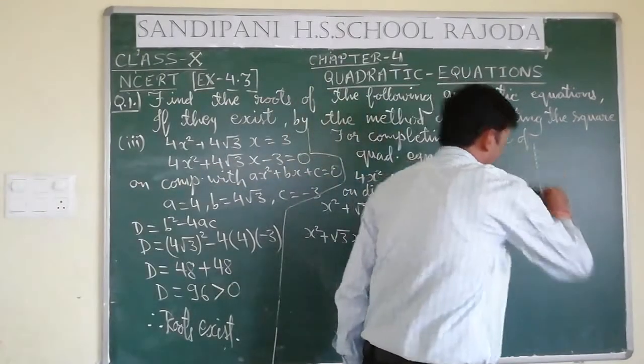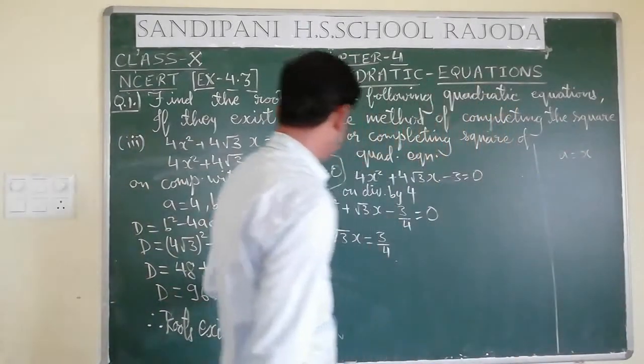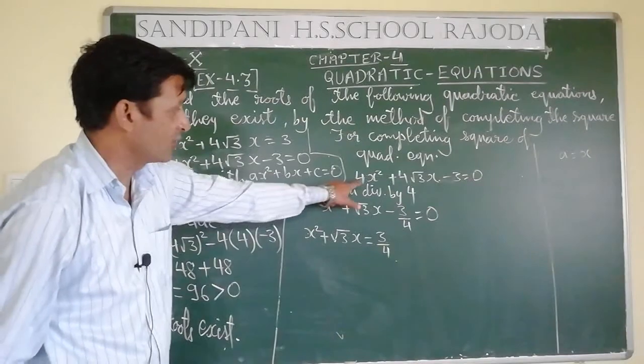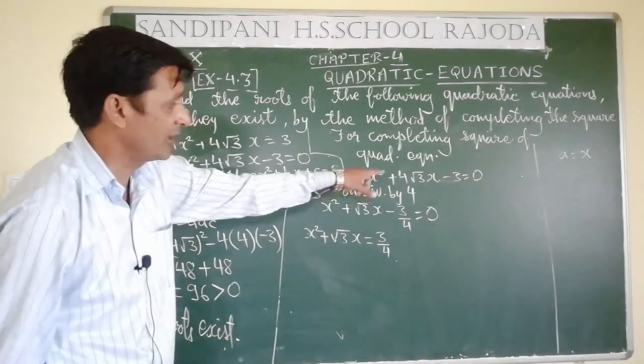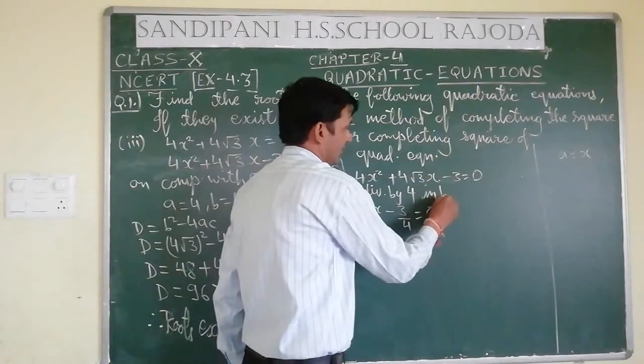See, A is equal to x, that I have told you, make it free from any coefficient. Coefficient is 4 here, that's why we have divided by 4 in both sides.